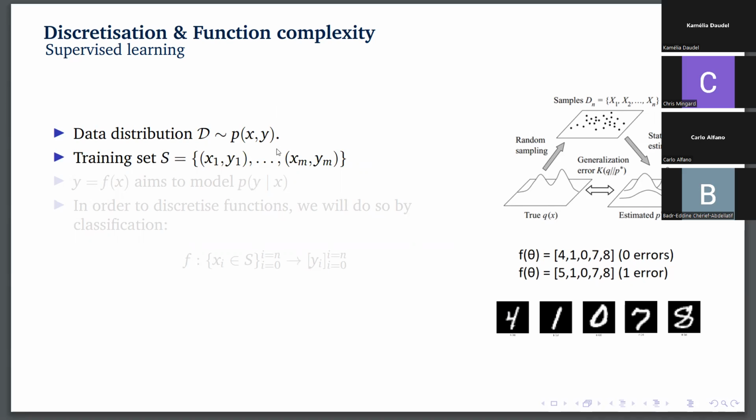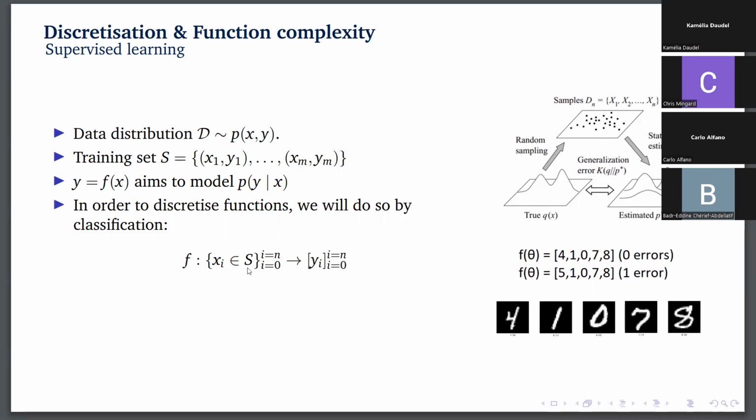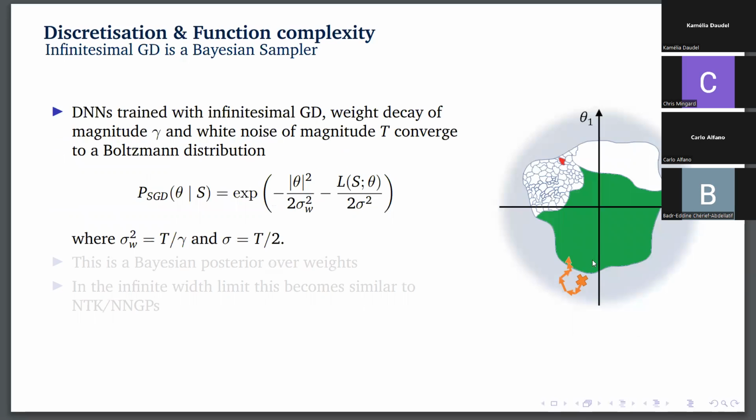So again, we can sample a training set from this. And then to discretize the function, we do it by this method where it's just a correspondence between images and labels, no probabilities, completely discretized. We know from a paper by Gadi-Naver that if you have infinitesimal gradient descent, weight decay, and white noise, the probability of gradient descent is actually a perfectly Bayesian posterior.